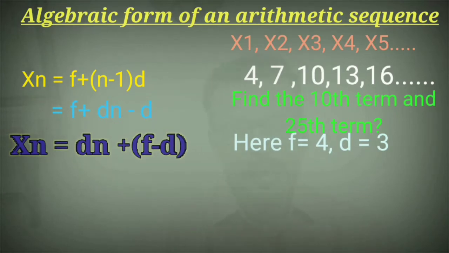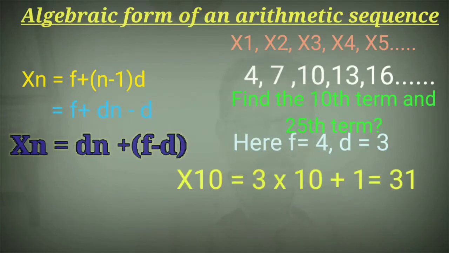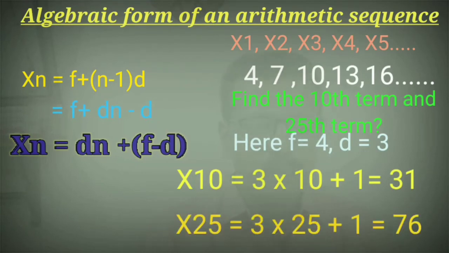So x10, that is the 10th term, is equal to, how do we find out? Yes, dn, that means here the common difference is 3. So 3 into 10 plus 1 equals 31. Like that, x25 is equal to 3 into 25 plus 1, which is equal to 76.